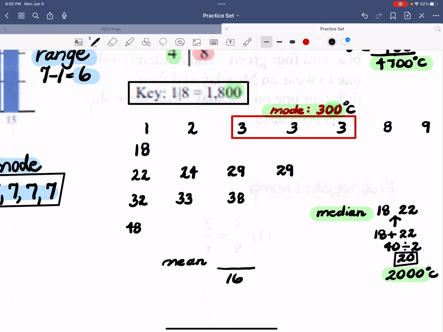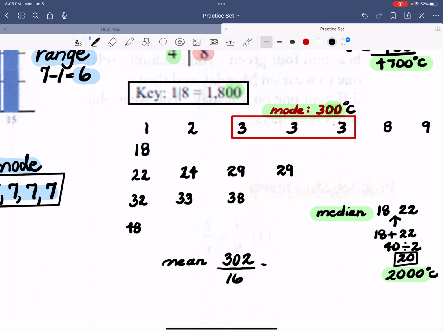But here we go. I'm not adding zeros until the end. So 1 plus 2 plus 3 times 3 is 9, plus 8 plus 9 plus 18 plus 22 plus 24 plus 29 plus 29, 32, 33, 38, 48 equals 302.